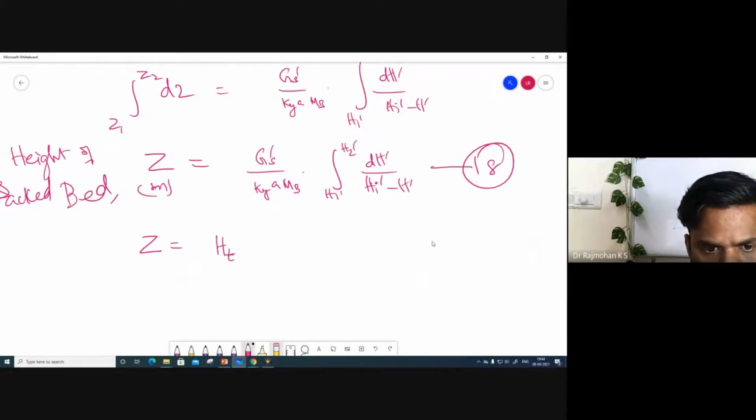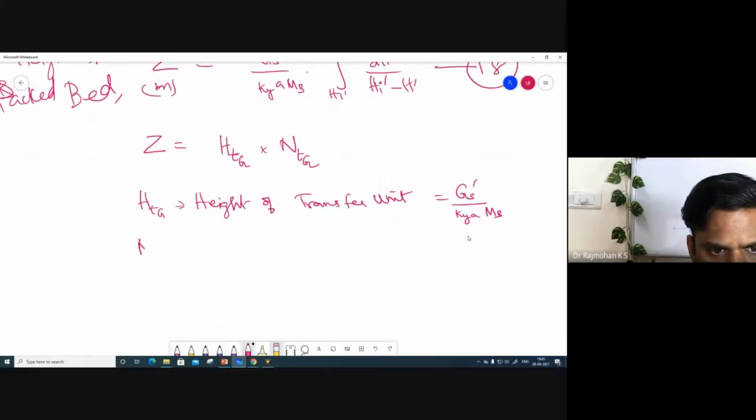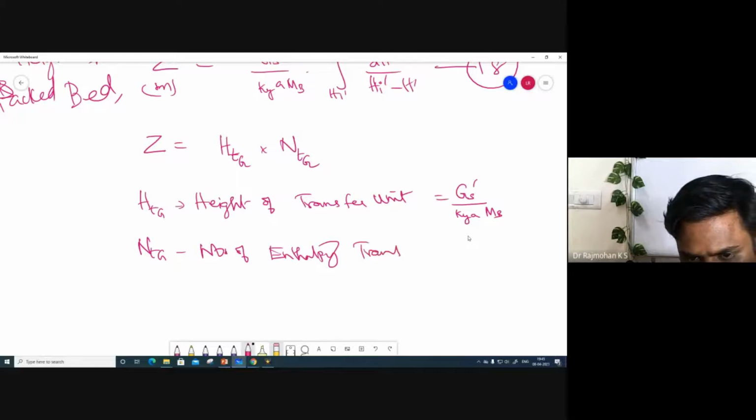HTG into NTG, where HTG is the height of transfer units, which is equal to Gs' by KyaMb, and NTG is the number of enthalpy transfer units, which is given by the integral H1' to H2' of dH' by (Hi' minus H').